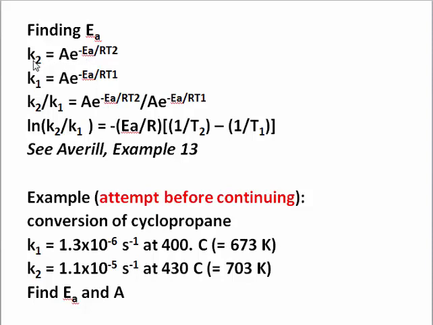If we only have two temperatures to work with, we can imagine a rate constant k2 at temperature 2, described by the Arrhenius equation as A times e to the negative of the activation energy over RT2. We have another rate constant at a lower temperature, k1, which is equal to A times e to the negative of the activation energy over RT1.